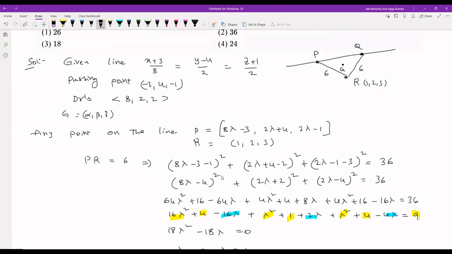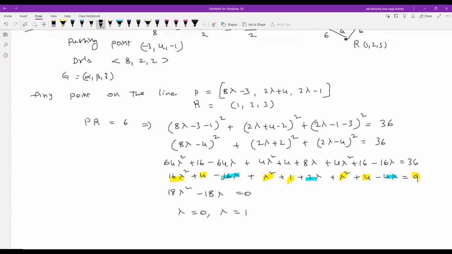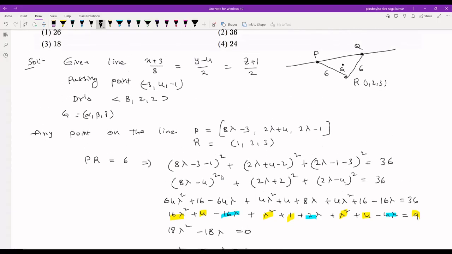Let us suppose either P or Q. And if you write 1, then we can see. So let's substitute here. If lambda is equal to 0, then you can see P point minus 3, 4, minus 1.